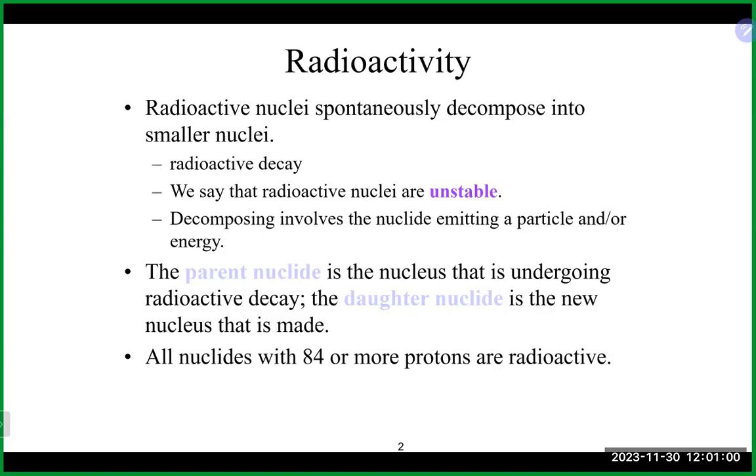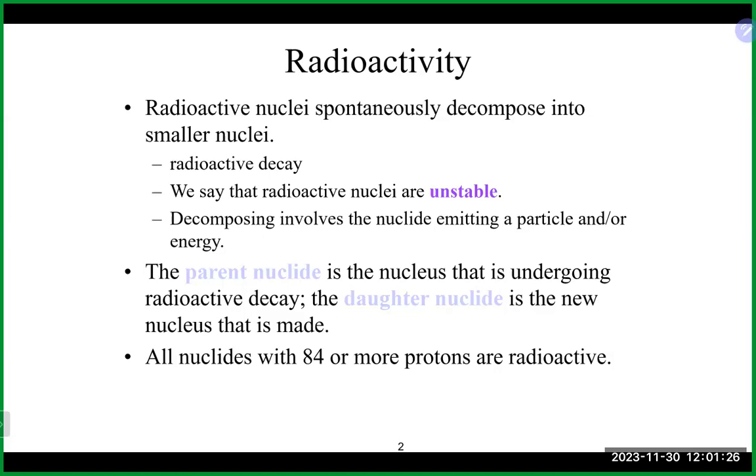When a nuclide, which is sometimes what they're referred to, goes through radioactive decay, a lot of times it emits particles as it goes through this process. That usually also involves a lot of energy given off in nuclear processes. The parent nuclide is the nucleus that's undergoing radioactive decay.